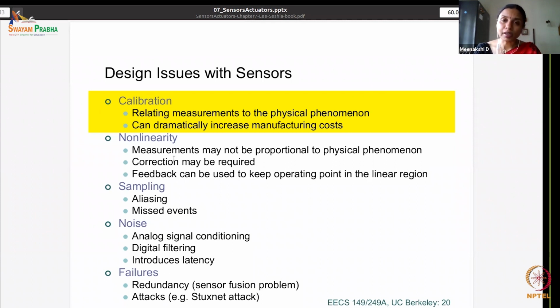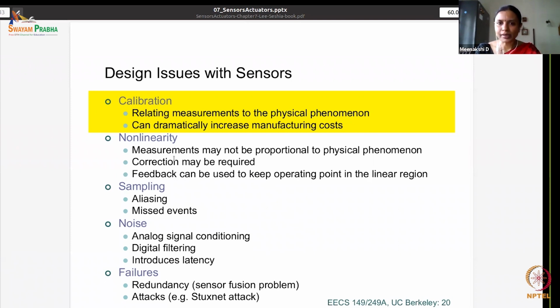All these things dictate a lot. What if a sensor fails? How do I create backup sensors? How many backups do I need? Based on the cost and my weight, several different constraints are there. As far as non-linearity is concerned, a lot of physical phenomena are non-linear in nature. They exhibit non-linear behavior that is not always represented by a straight line.